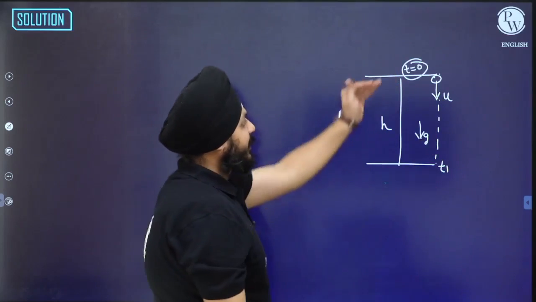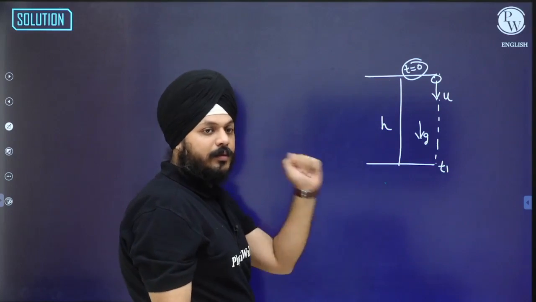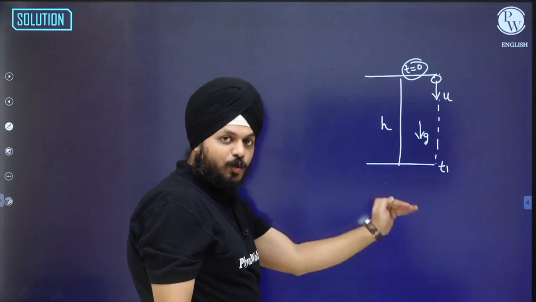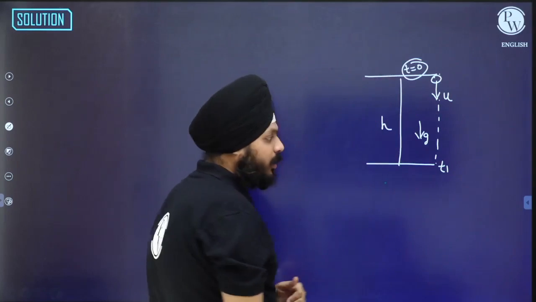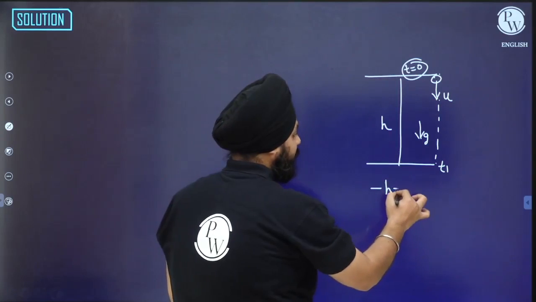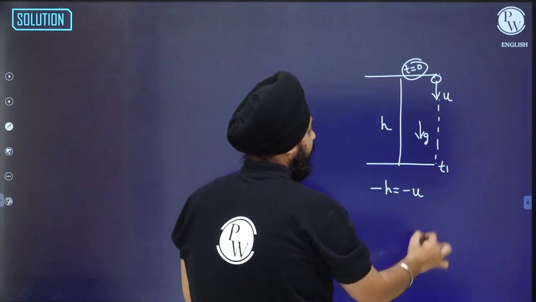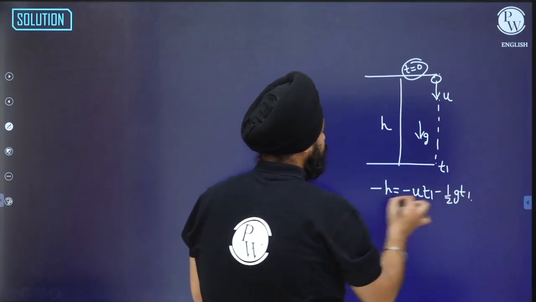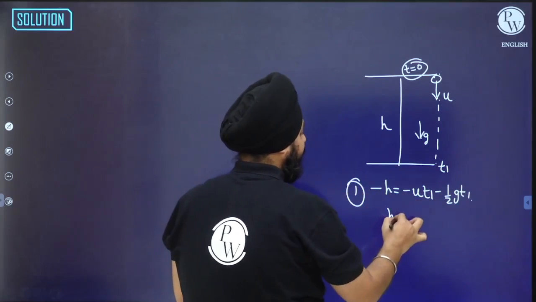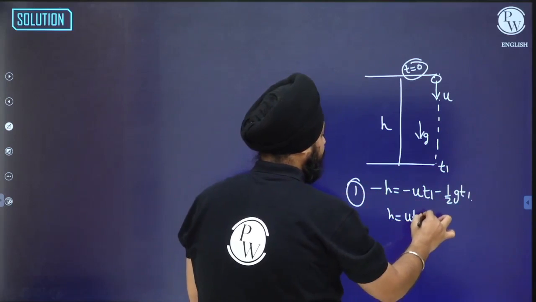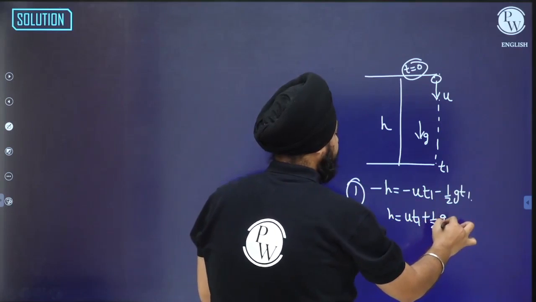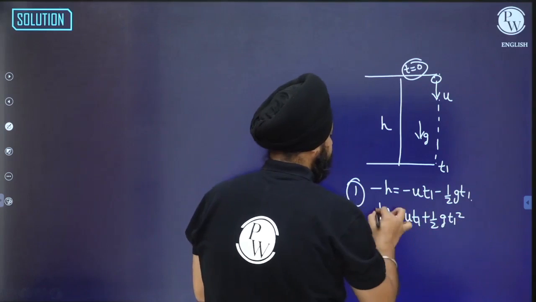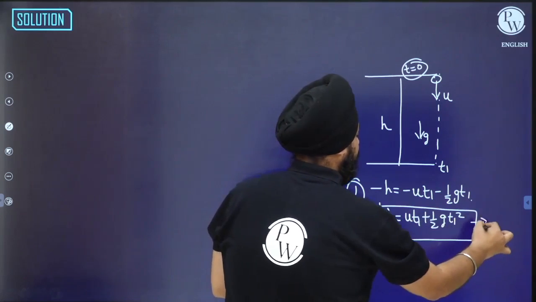So h is downward, g is downward, u is downward. According to the sign conventions, negative h, negative u t1, negative half g t1 square. So for the first particle, can I write h is equal to u t1 plus half g t1 square? Equation number 1.